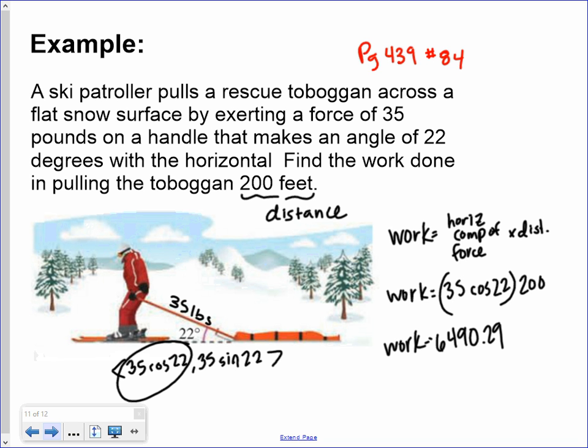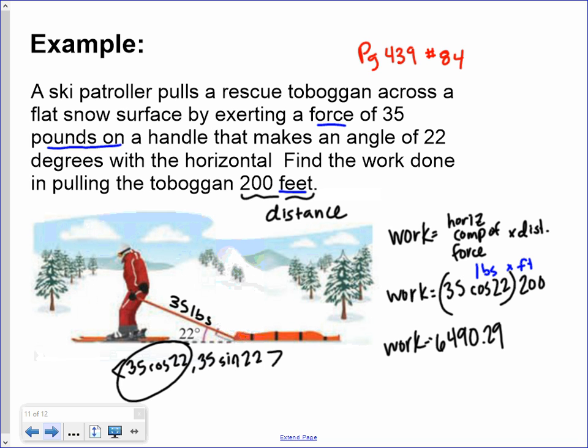And then here's the other part: remember in a word problem you should always be labeling things. Does anybody remember, in physics, what labels you used a lot of? Newtons, joules, Newton meters, those type things. We're going to use the labels that we had in the problem. For the work, that goes with our force, and our force had a label of pounds. Then we're multiplying it by our distance, which has a label of feet.